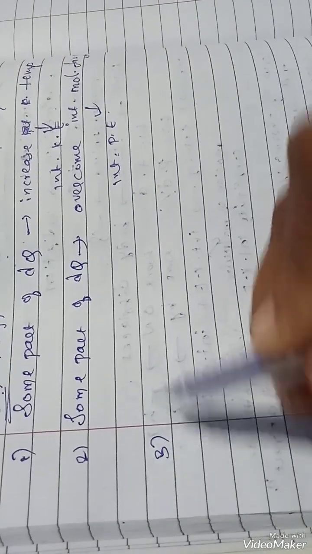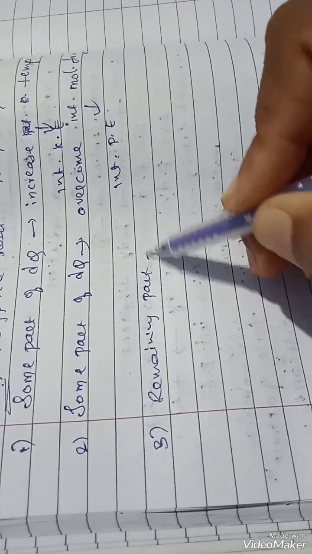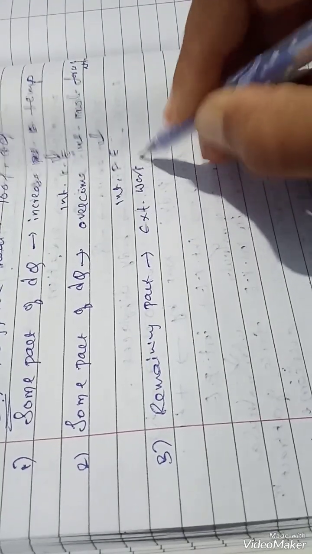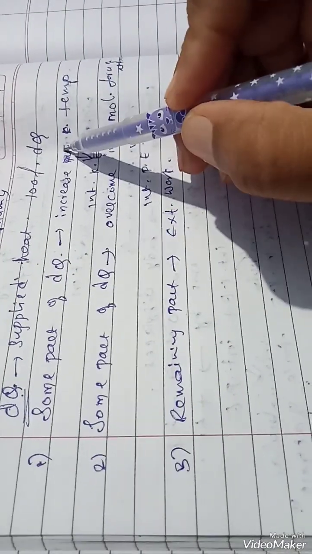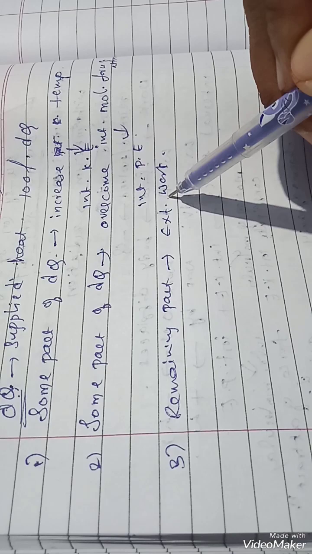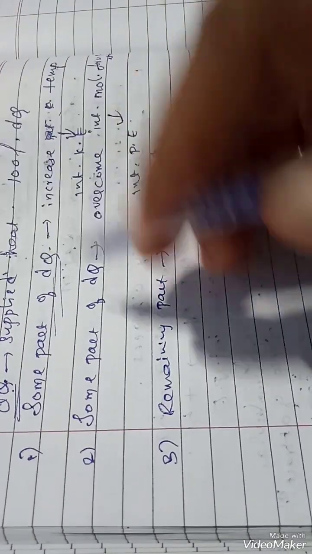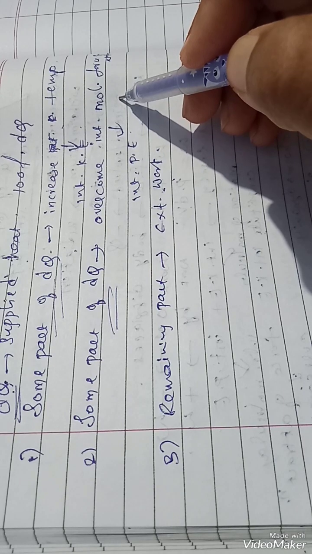Means here the remaining part is there, no? The remaining part of heat is there that converts into external work. Now see what happened. I supplied dq heat to the system. I want to convert it into external work. But apart from doing external work, what happened? Some part is used in increasing temperature, some part is used to overcome the intermolecular force of attractions.